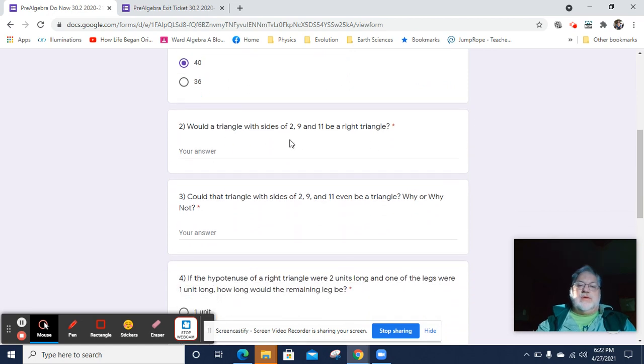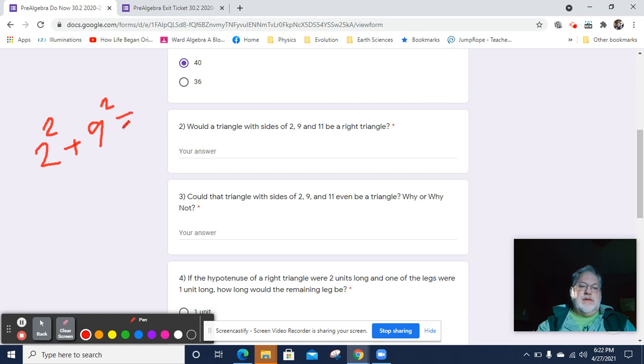Would a triangle with sides 2, 9, and 11 be a right triangle? Well, let's test that out. 2 squared plus 9 squared. Does it equal 11 squared?